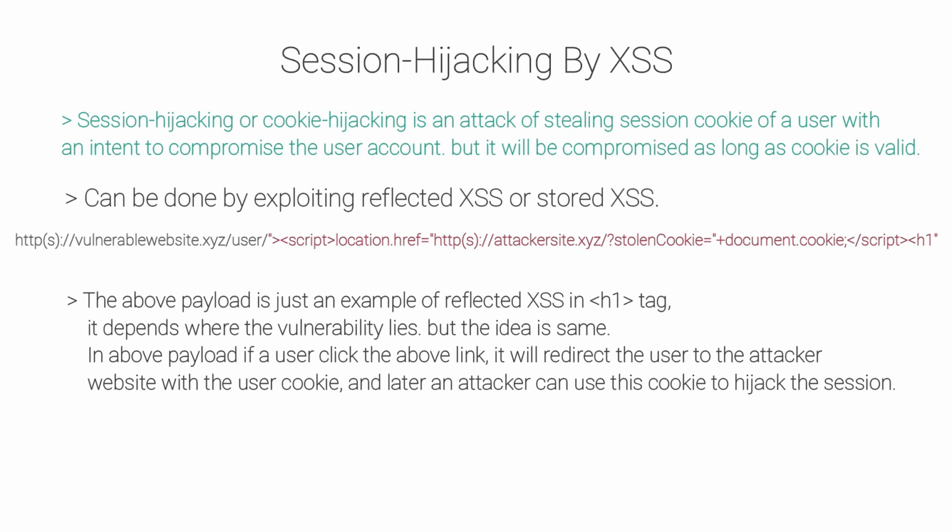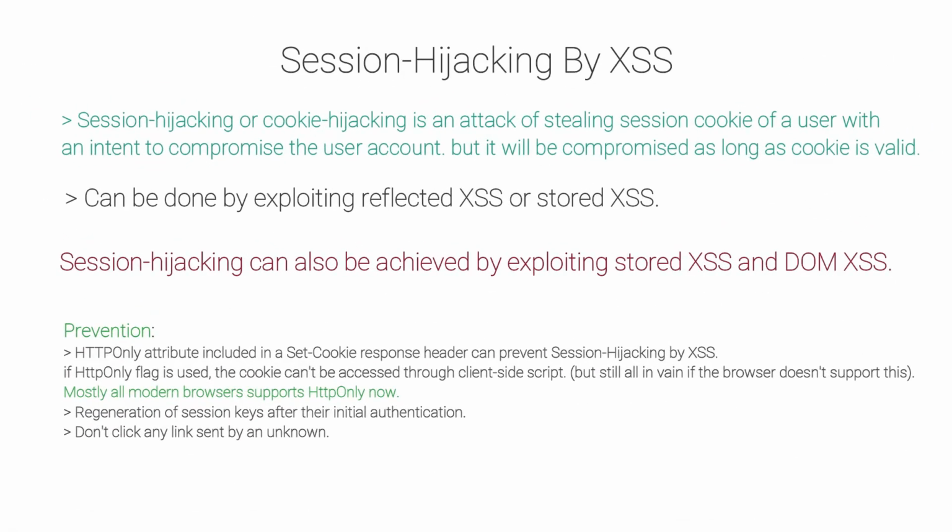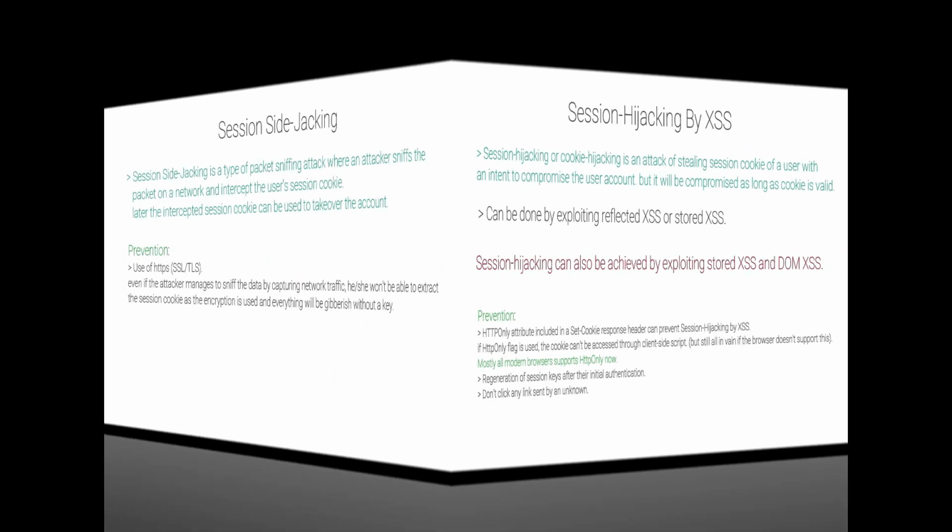Now the above payload can be injected in a URL for reflected XSS or can be injected into the web server for stored cross-site scripting vulnerability. The HttpOnly flag in the Set-Cookie response header is another prevention to access the session cookie by a client-side scripting language like JavaScript. So if the HttpOnly flag is used, session hijacking won't be possible by exploiting a cross-site scripting vulnerability.